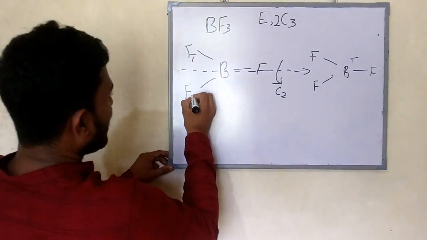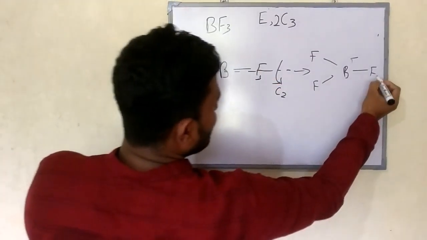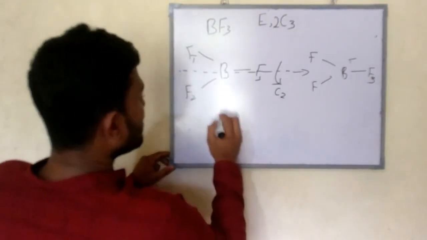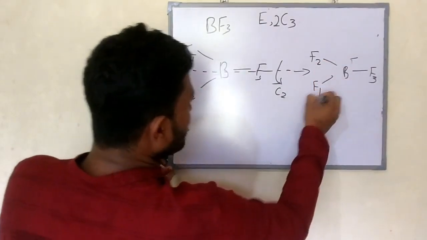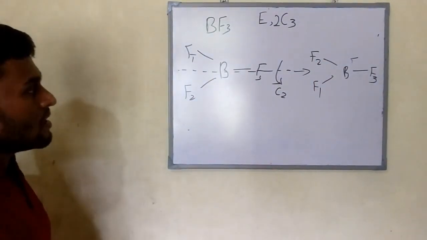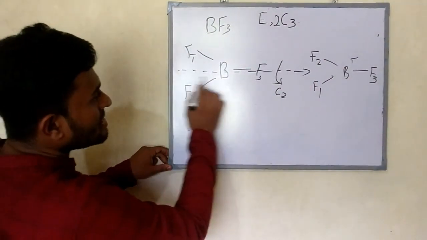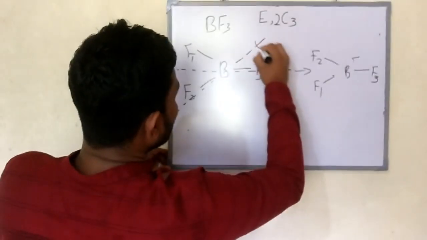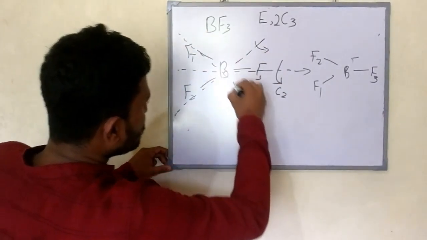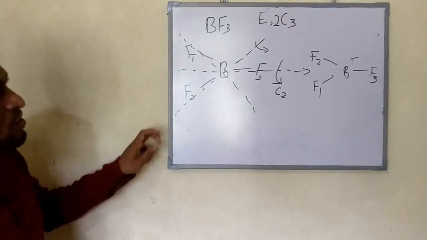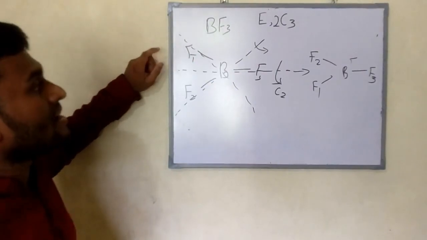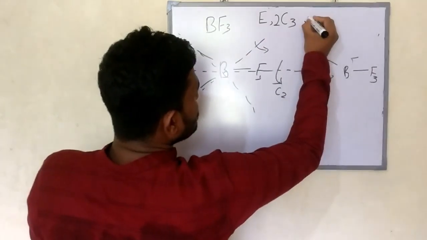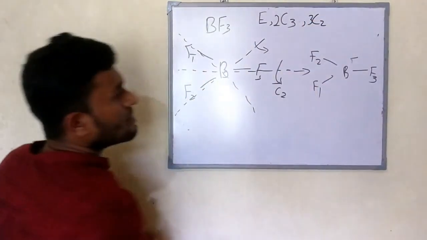If this is 1 and 2, this is 3, this one is also 3, but F2 and F1 will be different. Here F2, this is F1. If you can take this C2 axis, in the same way you can take the other two axes also. So altogether three C2s are possible, going through the axes.